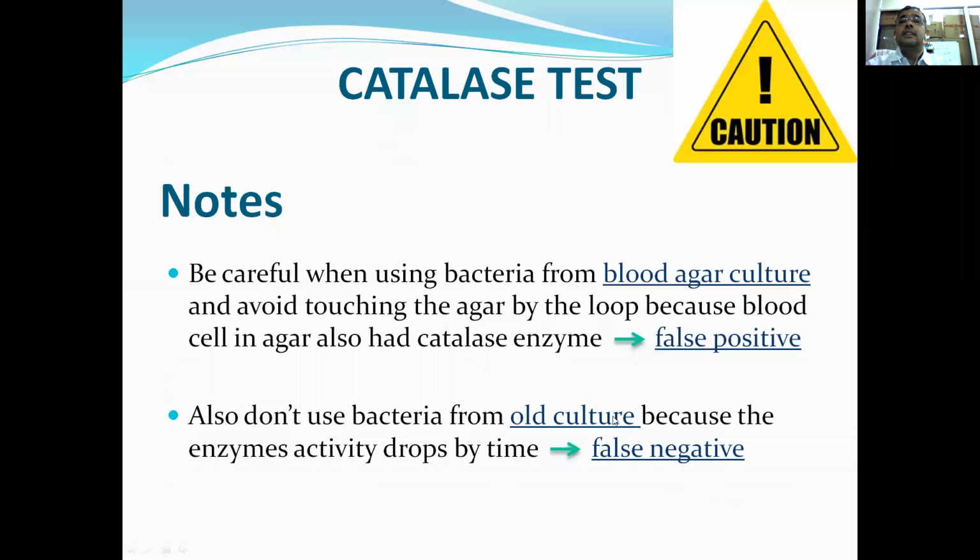The second is, if there is an old culture, then even though it is positive, it may give a negative result, which will lead to a false negative result. So take this precaution in mind while performing the catalase test.